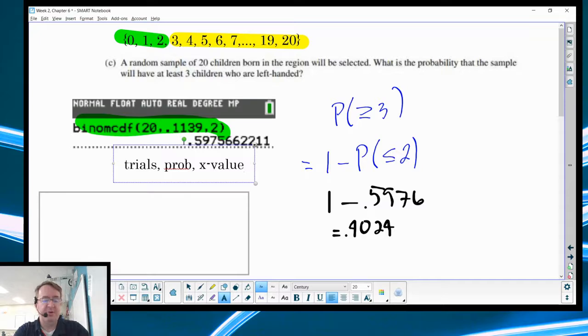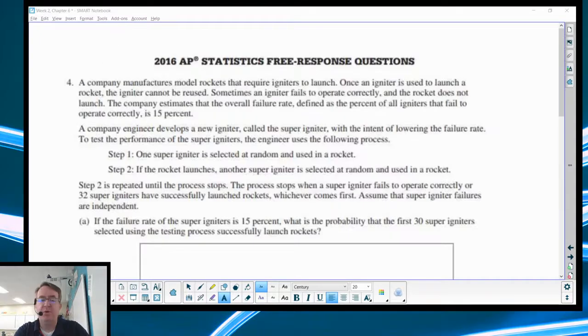Now, the next problem has a rocket launcher set up. The old version of the igniters fail 15% of the time. They make a new one, and they want to make sure that it's more successful. So the company engineer develops a new igniter. To test the performance of the super igniters, the engineer uses the following process.